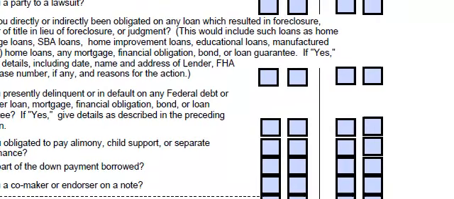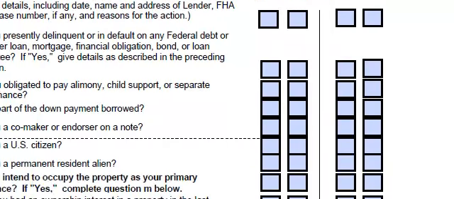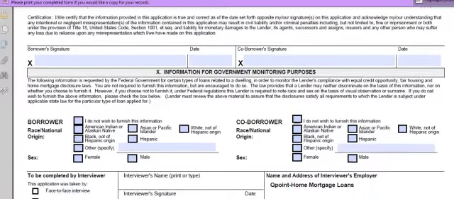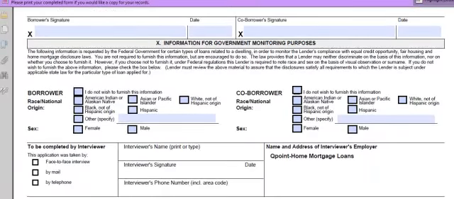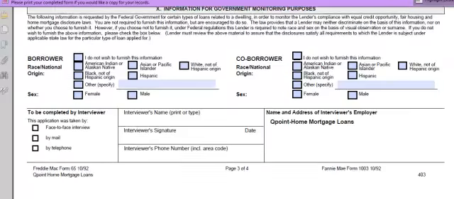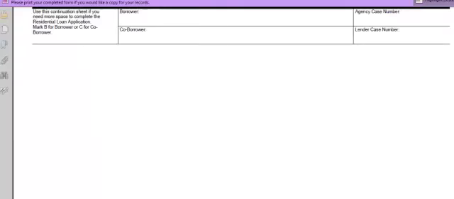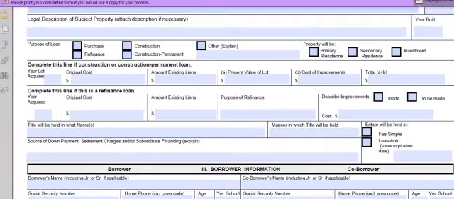A lot of that information. And then there's some information that the government uses to track demographics, and I think that's it for the mortgage loan application.